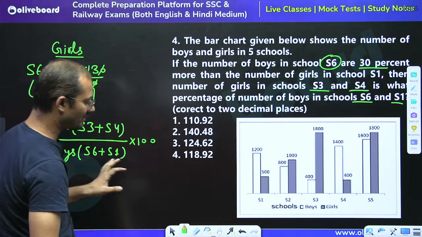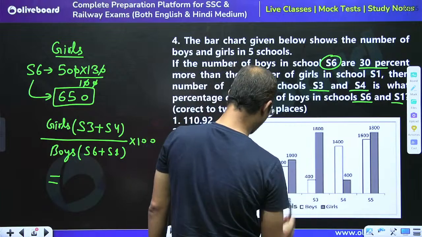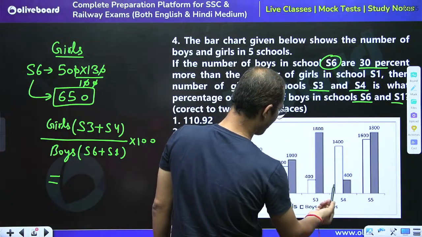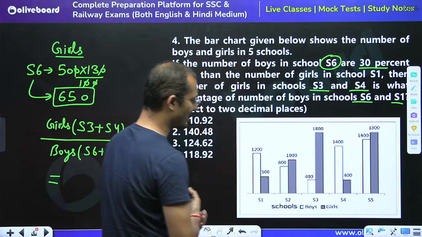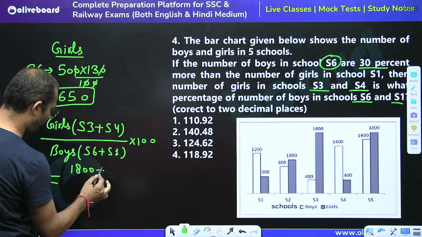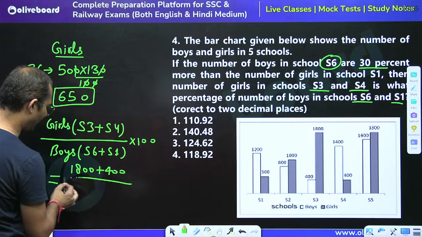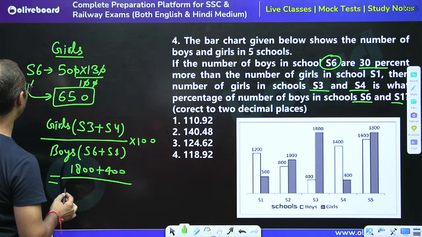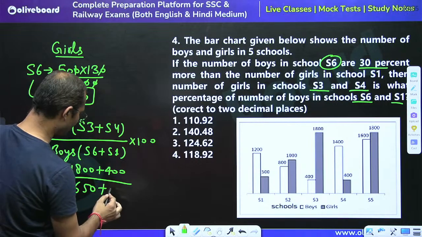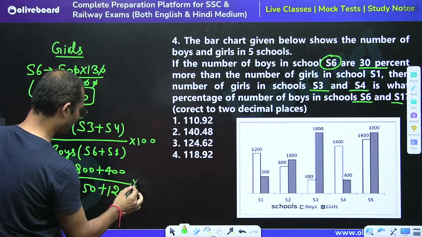Just seeing the data, in S3 the number of girls is 1800 and in S4 the number of girls is 400. So we have 1800 plus 400 divided by the number of boys, in S6 it is 650 and in S1 it is 1200, multiplied by 100.